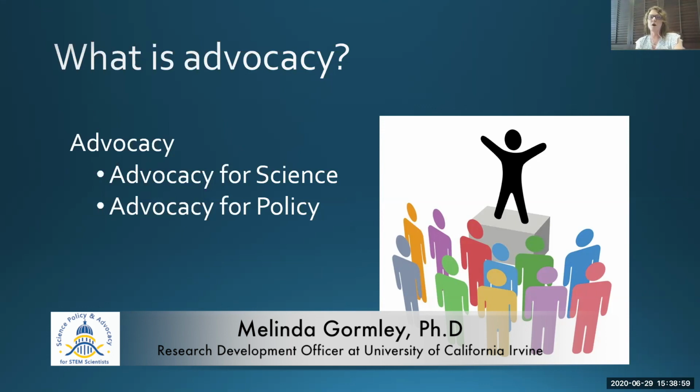If you call for a very specific course of action, you're advocating for a particular policy. Another example might be requiring that children be fully vaccinated to attend public schools. That's a specific policy that you're asking to be enacted. So they're scientific topics, and you're advocating for the policy that they're based on.